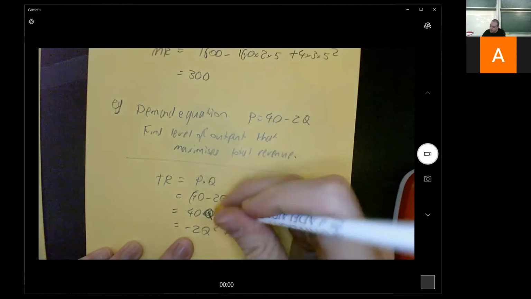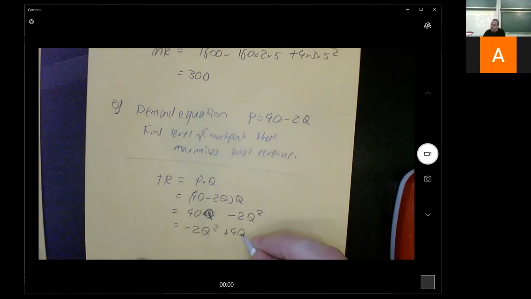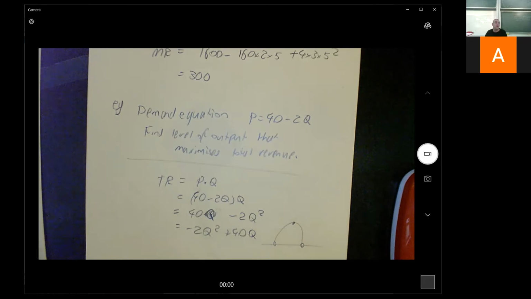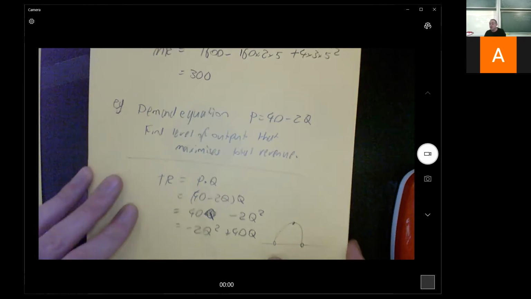That's not a Q squared there, that's just a Q, sorry. And so it's tradition to write Q squared first. Q squared has a negative on it, which means it's this shape. And so the maximum of this revenue should be here at this point. So the question is, where is it equal to 0? Because the maximum will be halfway between the places where it's equal to 0, because that's how quadratic functions work.